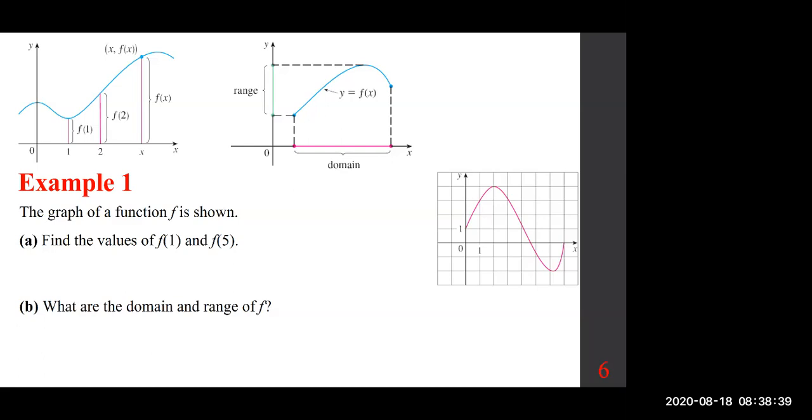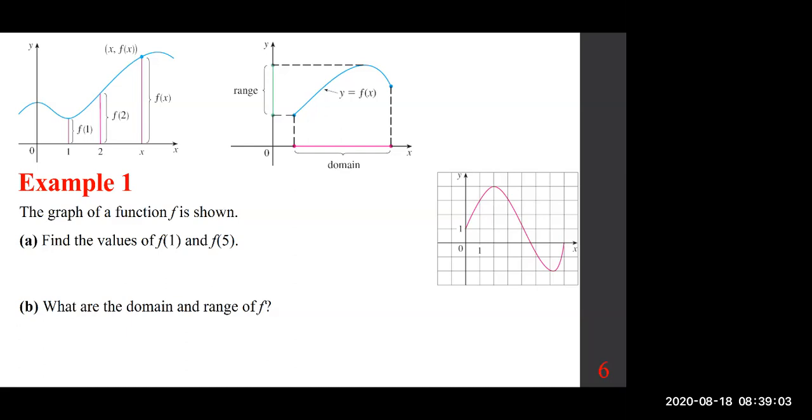So when you see a graph, the portion covered along the x-axis is the domain of the function. The portion covered along the y-axis is the range of the function. Okay, it's very straightforward. That's why you should be able to answer these questions now easily.